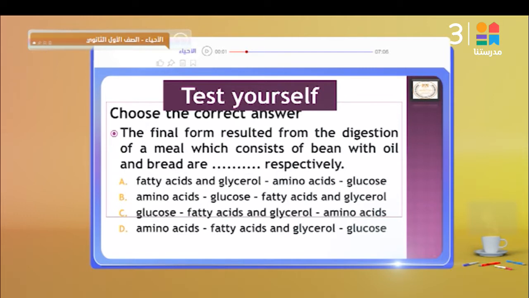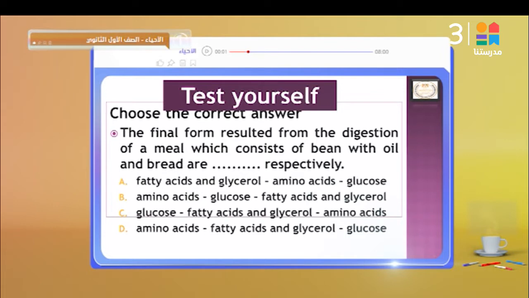Oils, I think, are lipids. And the bread is carbohydrate. That means beans give amino acids, oils give fatty acids, and bread gives glucose. يبقى the best correct answer: fatty acids, amino acids, glucose, A, it is the best answer.